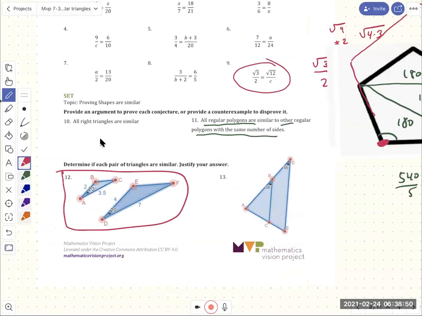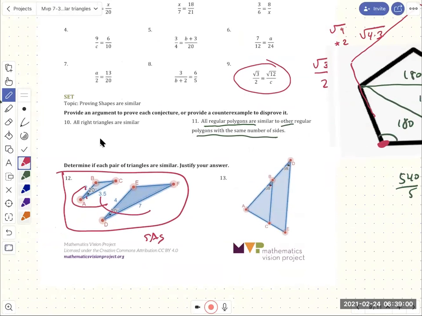So we have sides doubled, and angles the same. So that looks like that side angle side similarity. In this one, we got angle. And so you say, well, they've both got a 38-degree angle. And remember, they both have this corner.